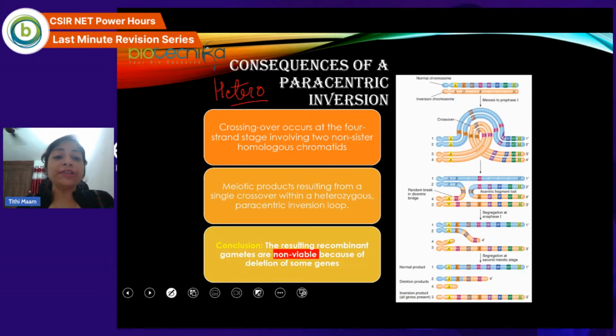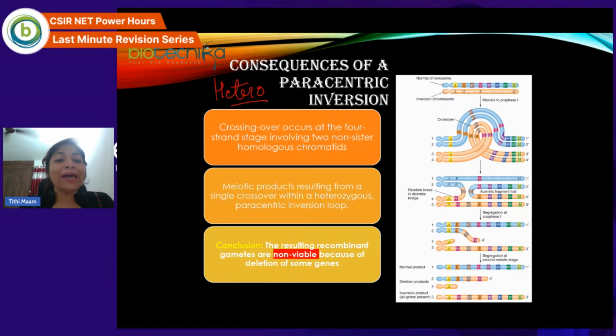Okay, heterozygous is important because if the inversion is homozygous, that means both homologous chromosomes have the same inversion, then there is no problem in alignment. The consequence will come because there will be a problem in the alignment if the inversion is heterozygous. I'll show you the question next.